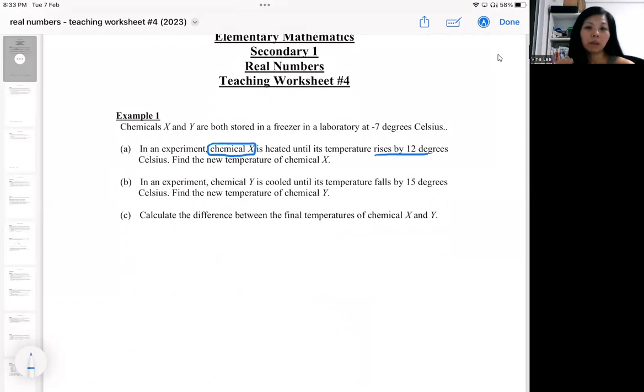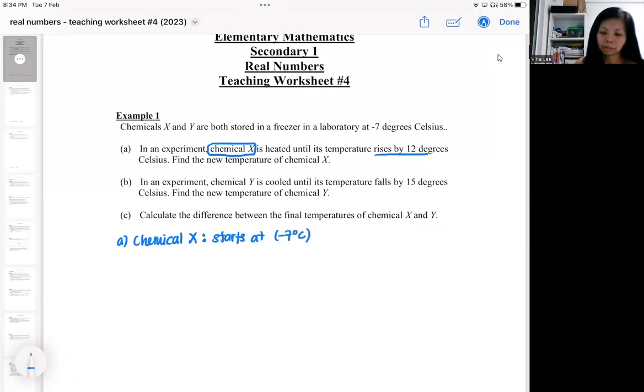That means you're going to add 12 degrees to the current temperature. You must know that chemical X starts from -7 degrees. When you are heating it, you are increasing the temperature, so now you are going to get a new temperature.